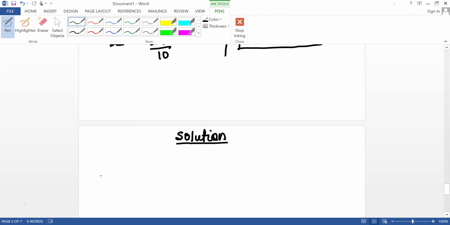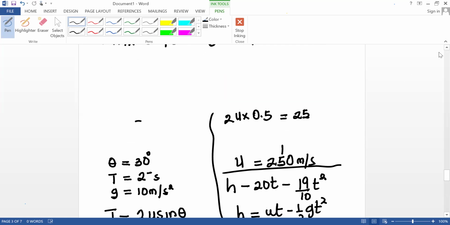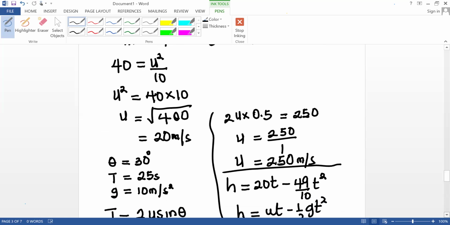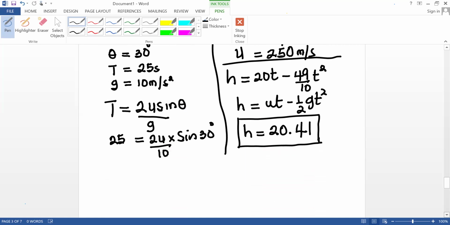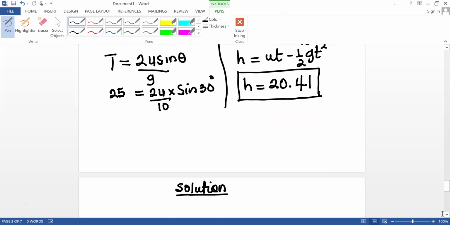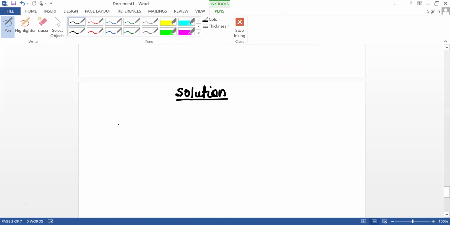Let's see. I'll solve this using two different ways. The equation for height at any time t is h is equal to 20t minus 49 over 10 t squared.